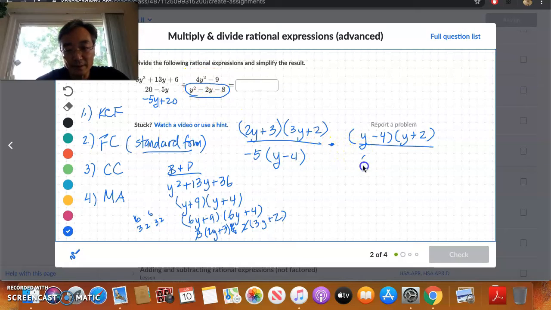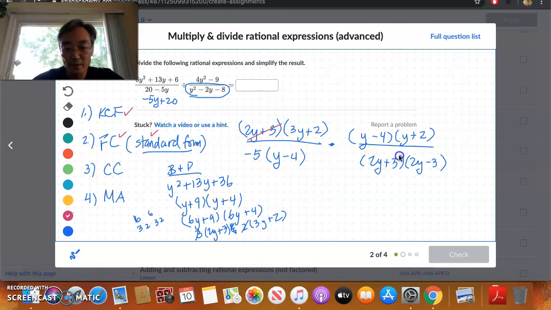So that's going to be, and that's a perfect square, so it's 2y plus 3, 2y minus 3. Okay, there we go. Okay, and all our factoring is done. So our keep, change, flip was done, our factoring was done, standard form was done. Now we can cross cancel.